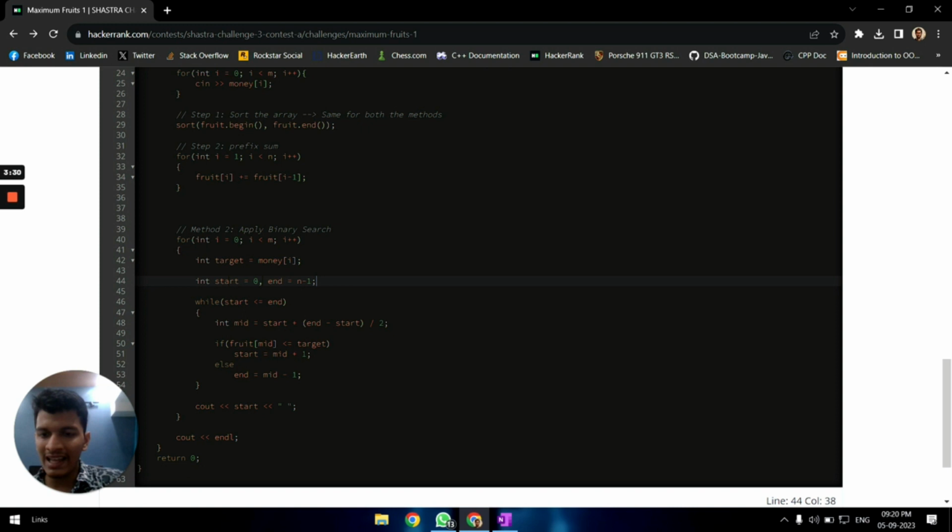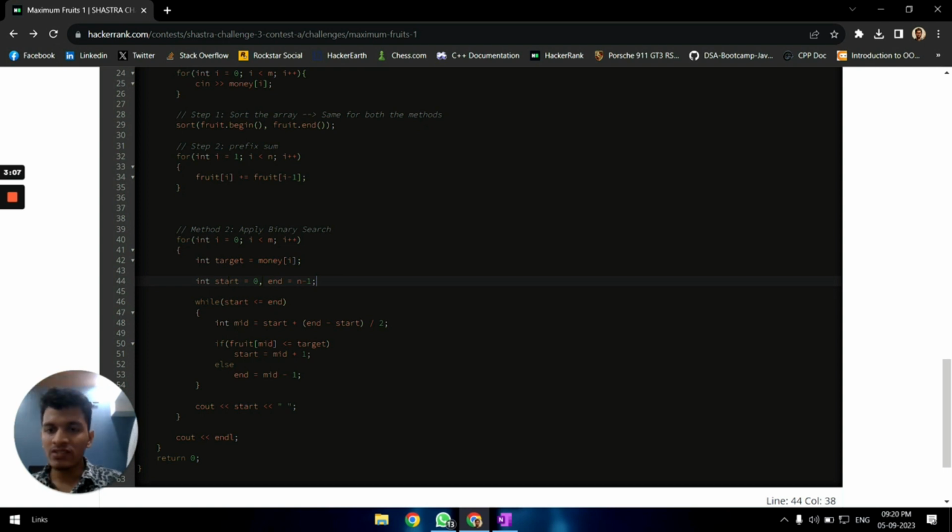We have to find the middle element and compare it with the target. If the middle element is smaller than or equal to the target, then we increase the value of start to mid + 1, or else we decrease the value of end to mid - 1.